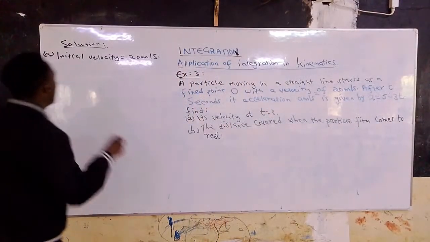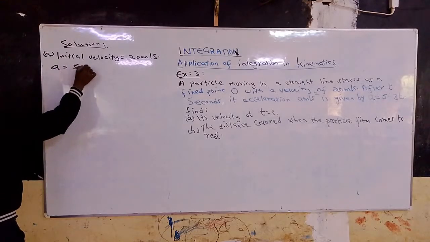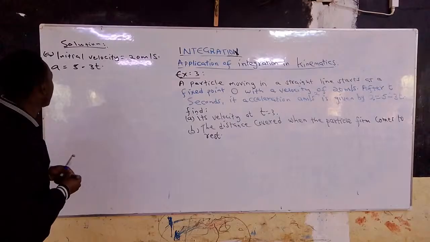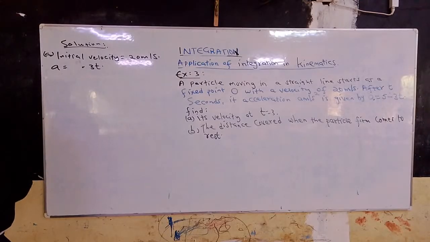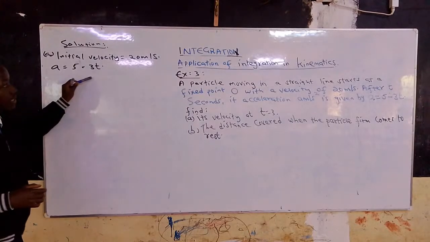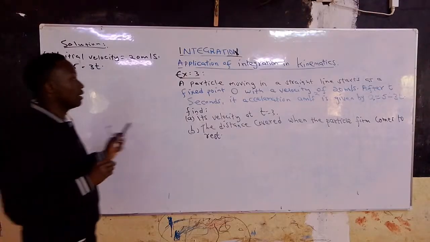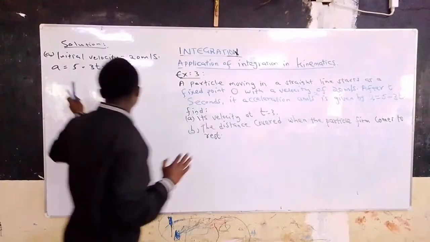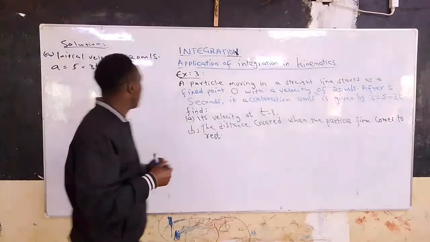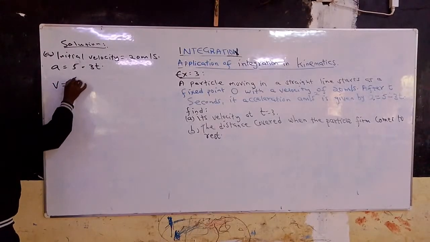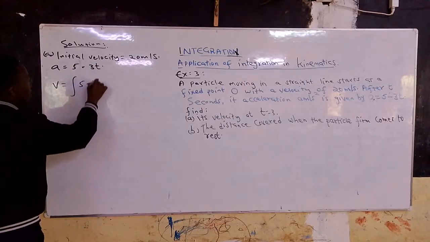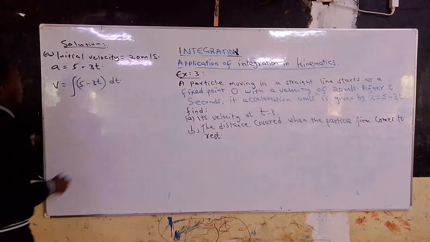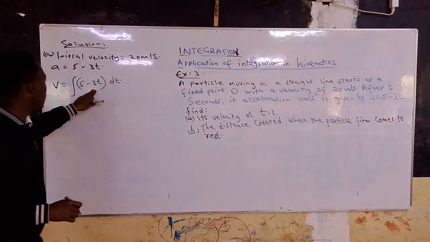So we are going to take our acceleration as 5 minus 3t, and for us to get the equation for velocity, we will integrate acceleration with respect to time. So once we integrate acceleration with respect to time, we will get velocity.